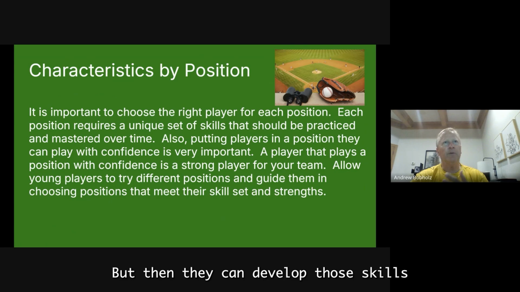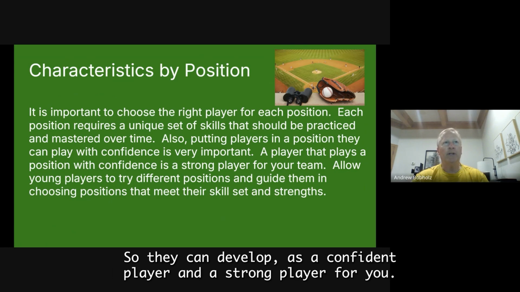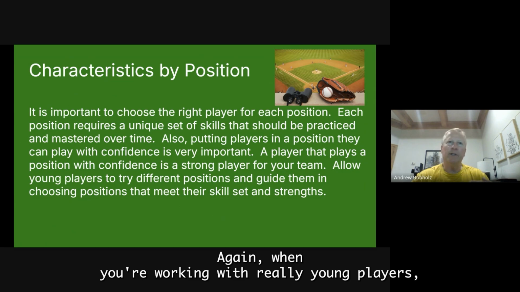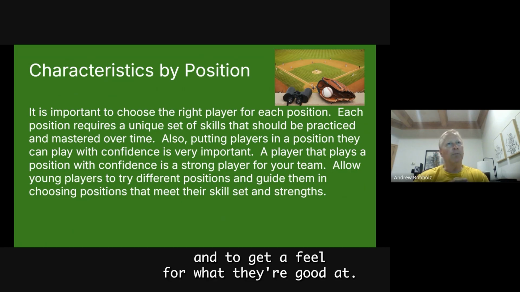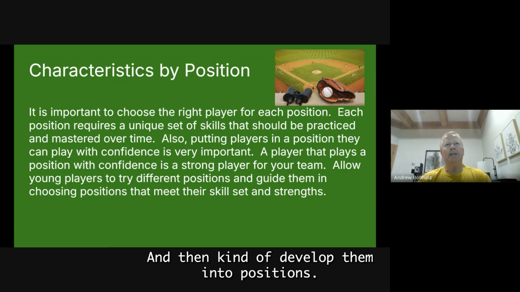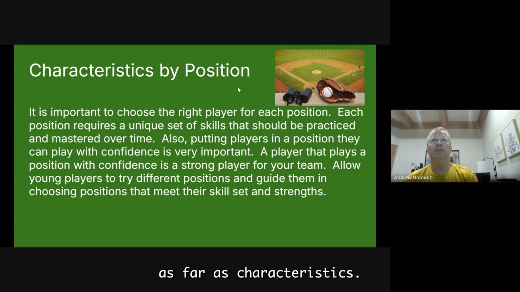But then they can develop those skills and have confidence in that position as well, so they can develop as a confident player and a strong player for you. Again, when you're working with really young players, it's important to get them to try different positions and to get a feel for what they're good at, and then you can also assess some of the skills that they're really good at, and then kind of develop them into positions. So let's look at some of the positions and what we need as far as characteristics by position.